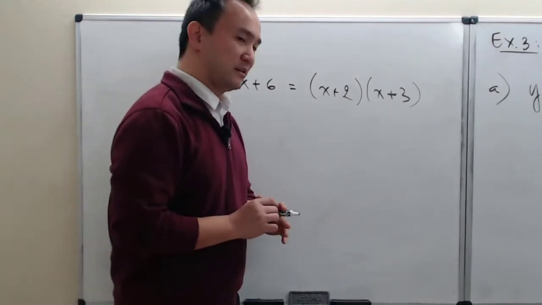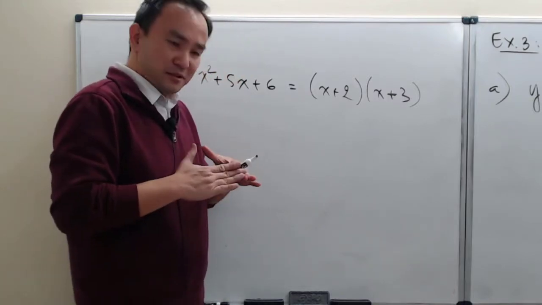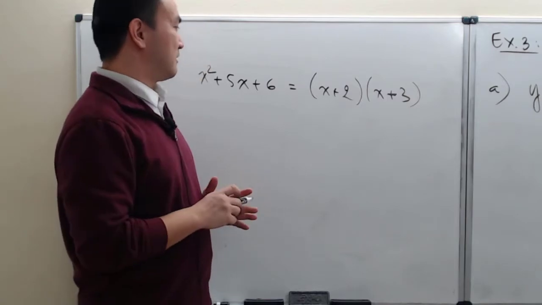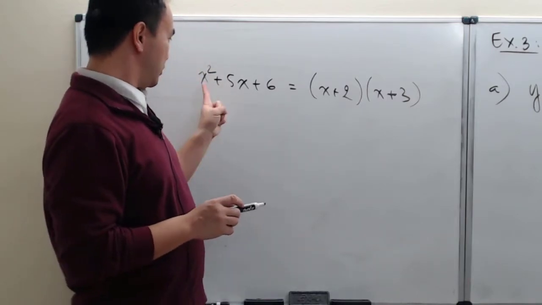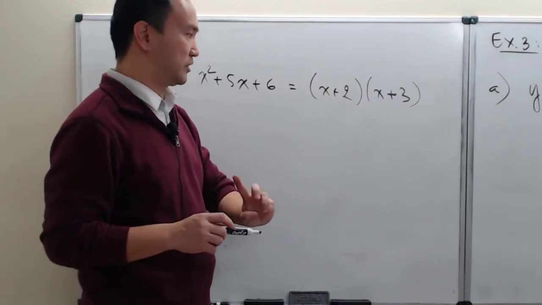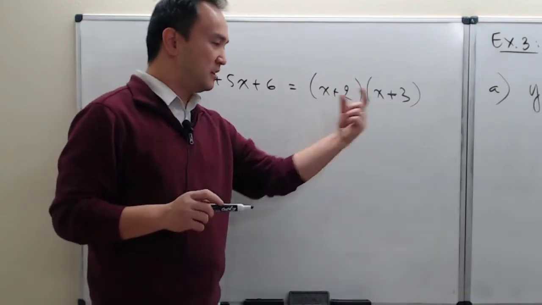Algebra is a massive part of your calculus learning. Once again, x squared plus 5x plus 6 factors into x plus 2 and x plus 3. This is a product of two factors right here.